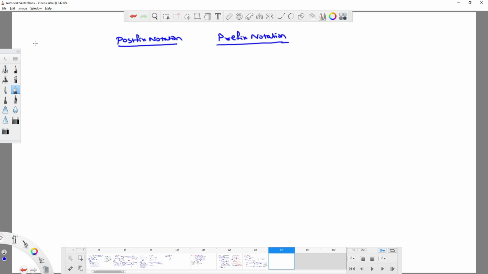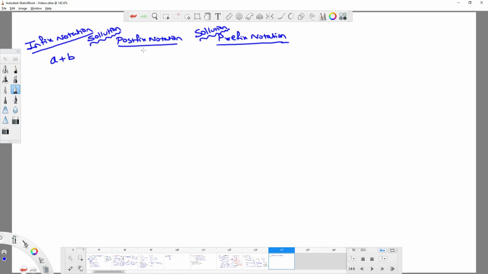Whichever notations we have seen so far during your academics and learning process all come under infix notation only, where there is an operator between the two operands. So the solution is postfix notation, and prefix notation is another kind of solution. Both have the same efficiency.